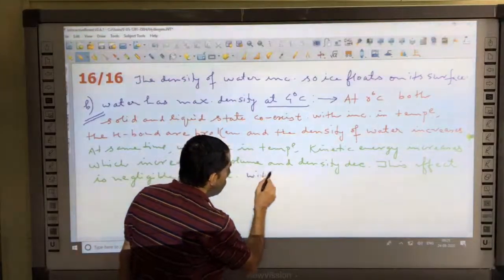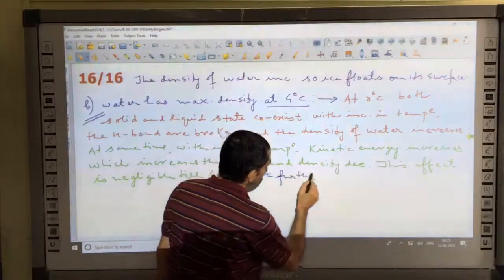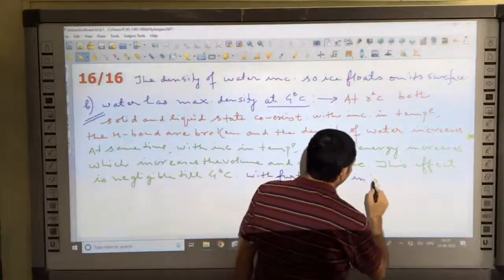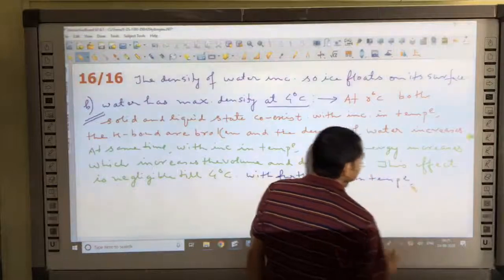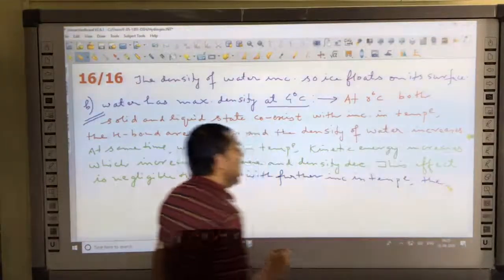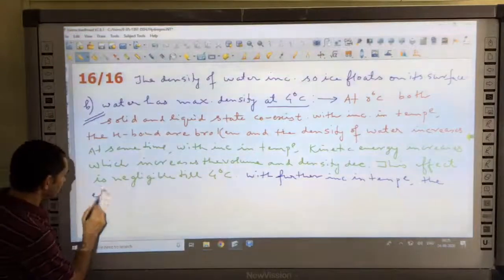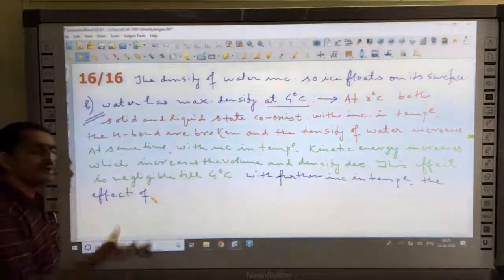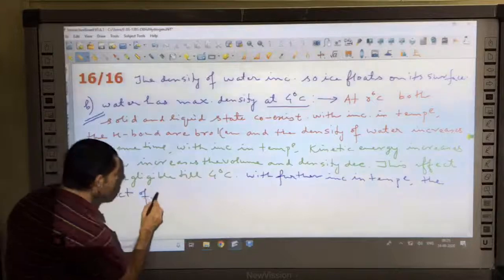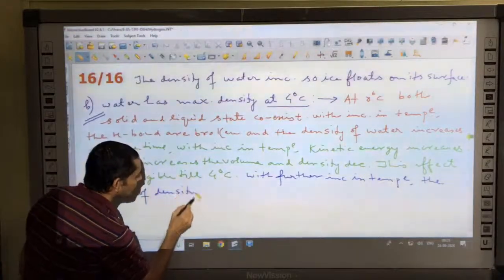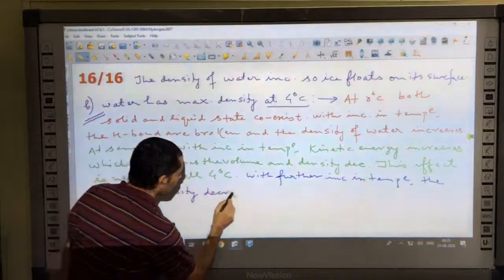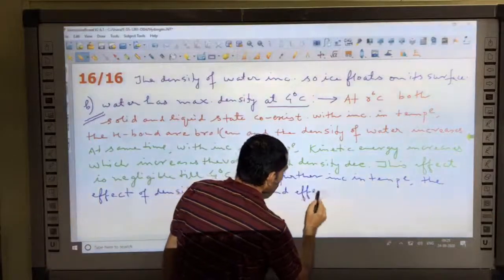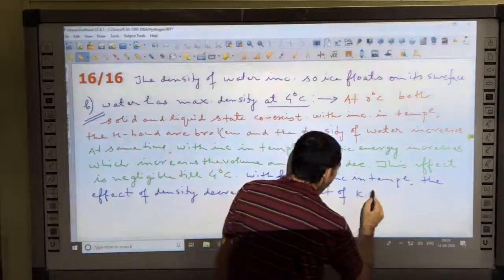With further increase in temperature, when temperature rises more than 4 degrees, the effect of density decreases and the effect of kinetic energy increases.